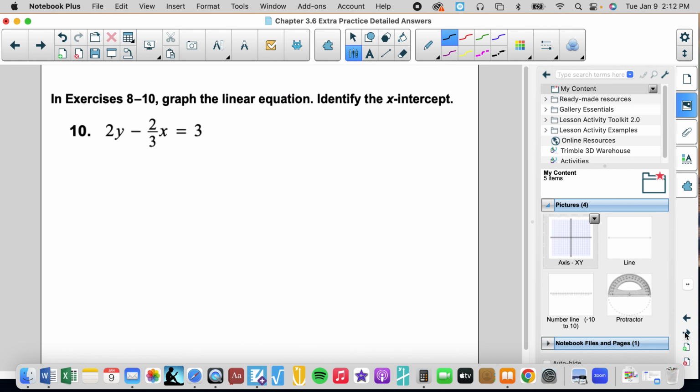Identify the x-intercept. So this is kind of tricky in the sense that it's not in standard form for a couple of reasons, but I'm going to put it in somewhat of a standard form. Technically, A has to be positive and A, B, and C have to be integers.